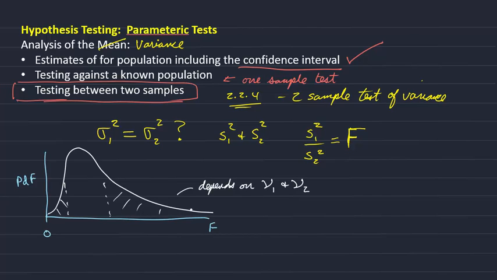So it's better to define F as being greater than 1. So if the variance of the first sample is greater than that of the second, then F will equal S1 squared over S2 squared.